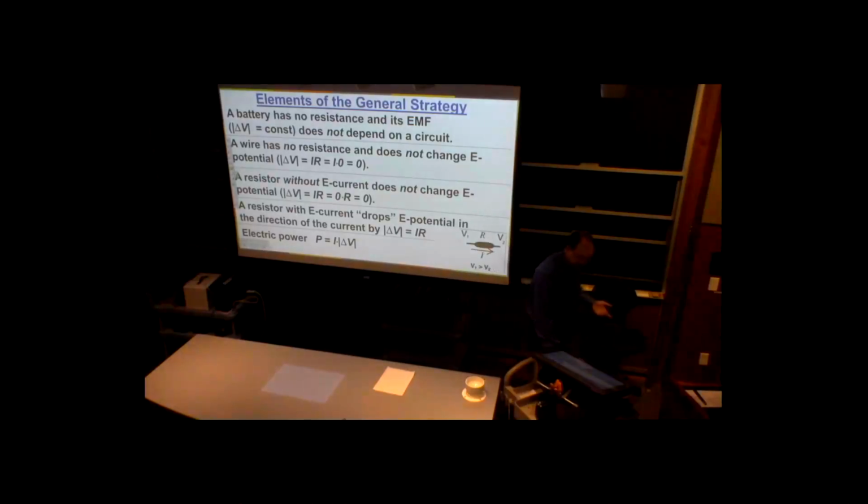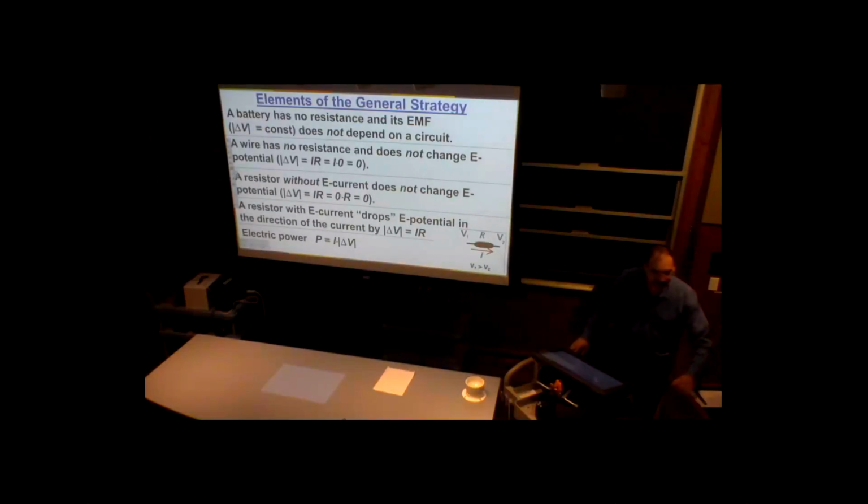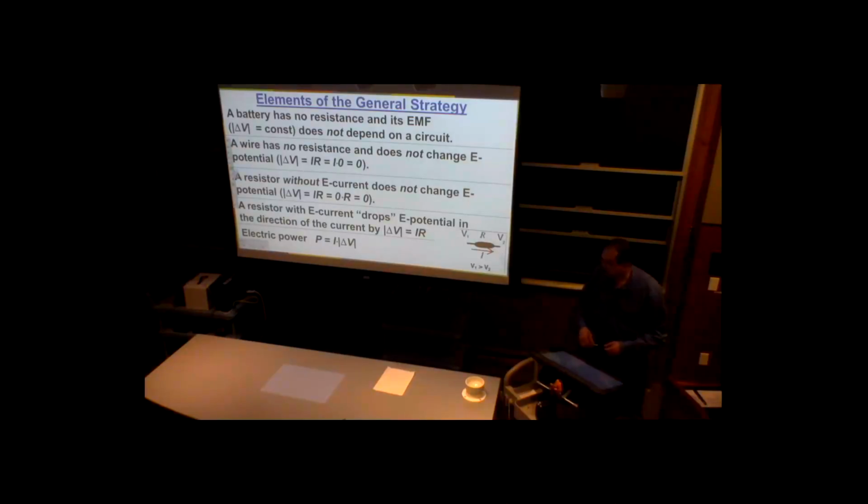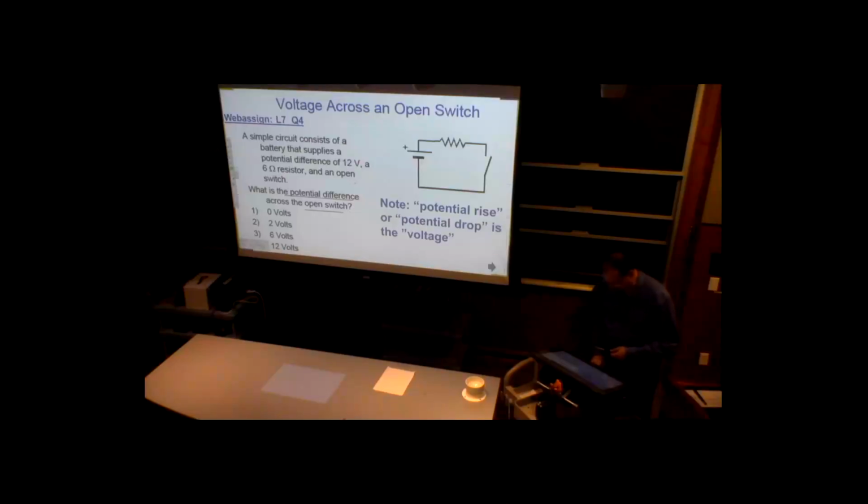It doesn't change. Potential only changes when A, electric current is not 0, and B, the resistance is not 0. When charges travel through the passive element, in that case, potential changes. And if we want to calculate power or amount of work, we know what to do.